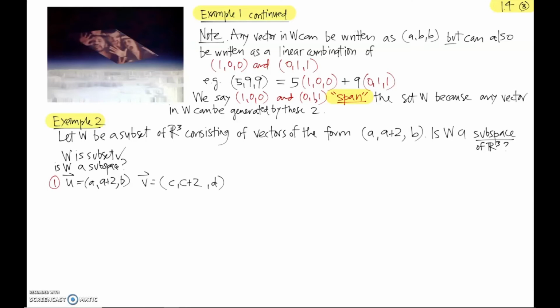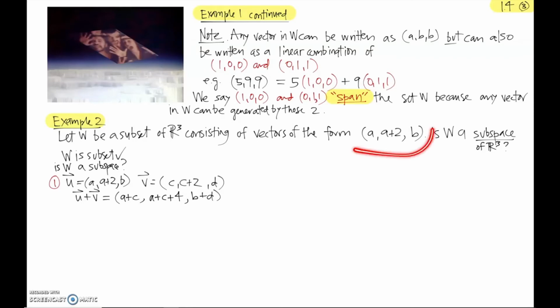And now we're going to look at u plus v. Hopefully if it's a subspace, it should still be in W. The first elements, we add them together, a plus c. The second elements, we have a plus 2 and c plus 2. Adding those together, we get a plus c plus 4. And the last elements should be b plus d when we add them together.